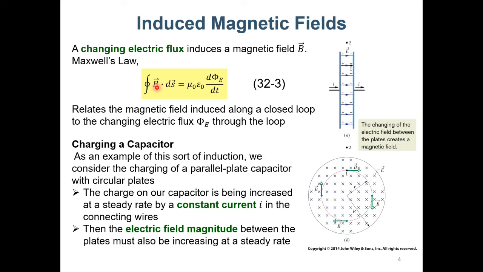And in that case, the additional term is like mu 0 epsilon naught d phi_E over dt.